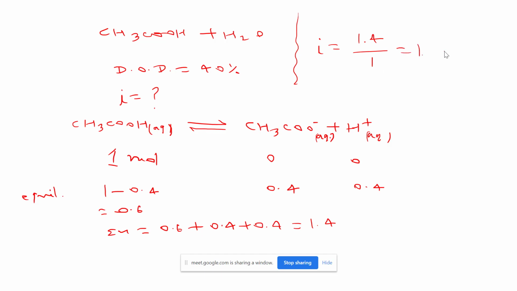So this is the value of i here, and you know this is greater than 1. For dissociation it must be greater than 1. Okay, so this is the way, and you can even take 1 minus alpha, alpha, alpha, and then 1 plus alpha as the total moles and put the value of alpha, or you can directly put the value of alpha here.